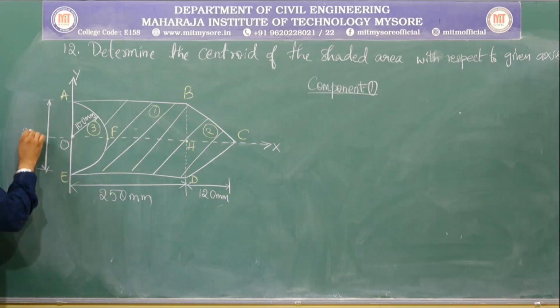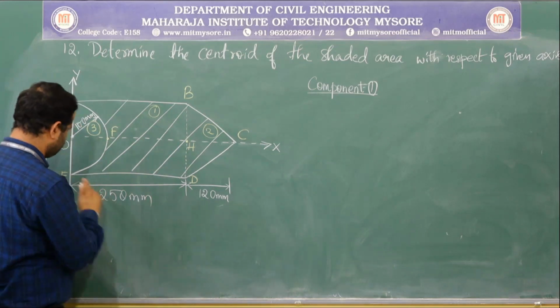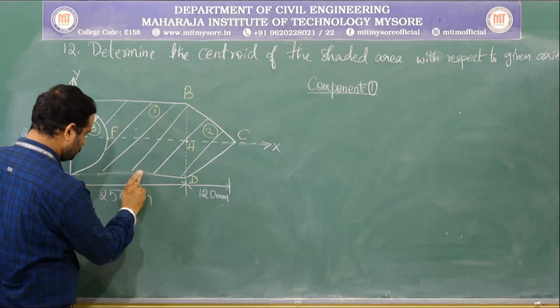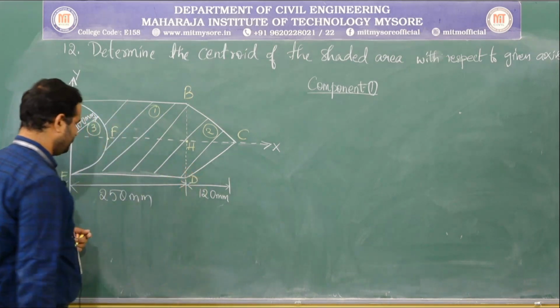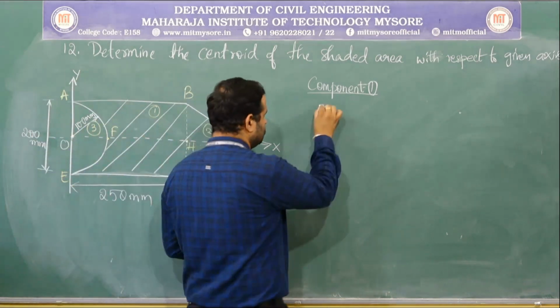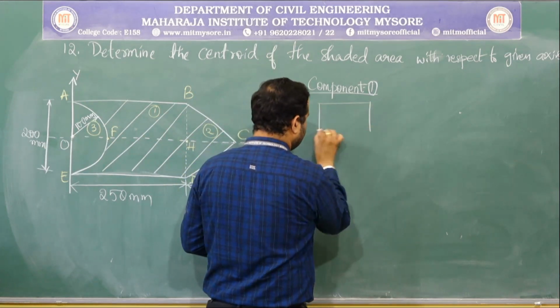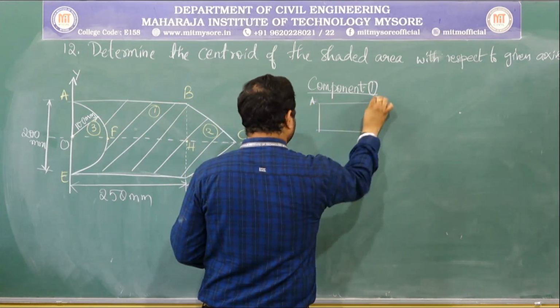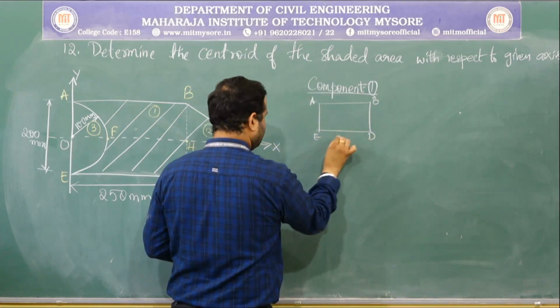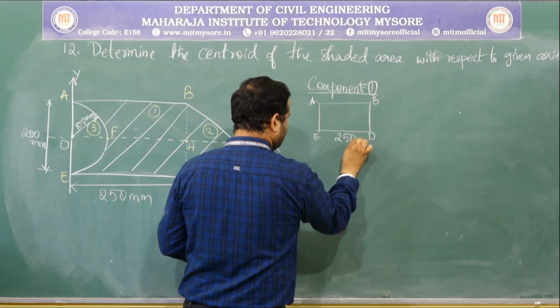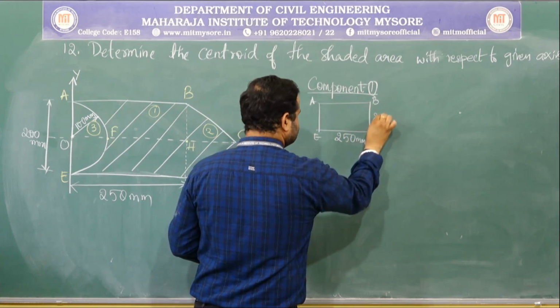In total it will be 200 mm. So, component 1 is the rectangle A, B, D and E. It is 250 mm and this is 200 mm.